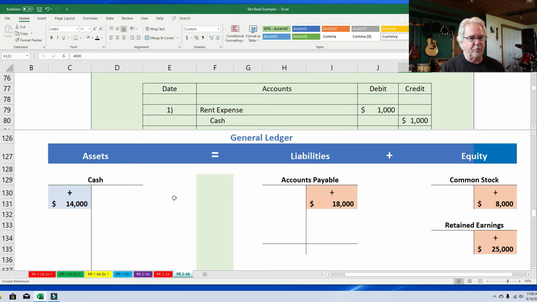And you might be thinking, well, wouldn't it be a heck of a lot easier if we would just list things in the general ledger in the first place? Skip this general journal thing. Well, that'd be a really bad idea. You'd be like one of my students trying to invent a new way to do accounting. The reason why we do this general journal is the general journal is a chronological listing of what is going on in the business.